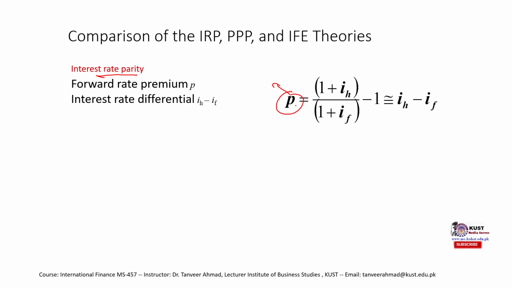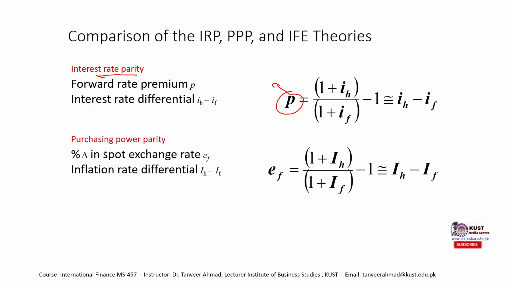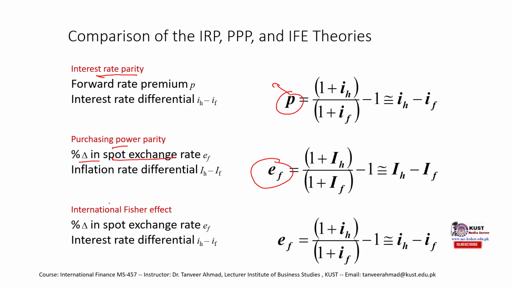So this P would stand for the premium or discount in the forward rate. This purchasing power parity would discuss the change in exchange rate of the foreign currency due to inflation. And this international Fisher effect talks about the change in spot rate of the foreign currency due to change in interest rate.